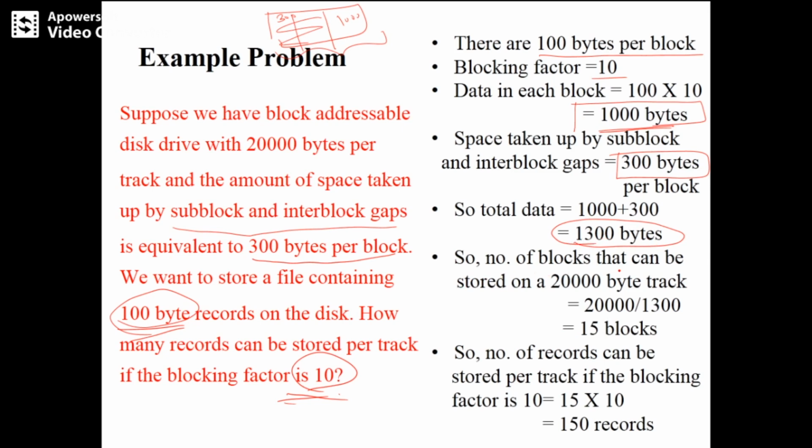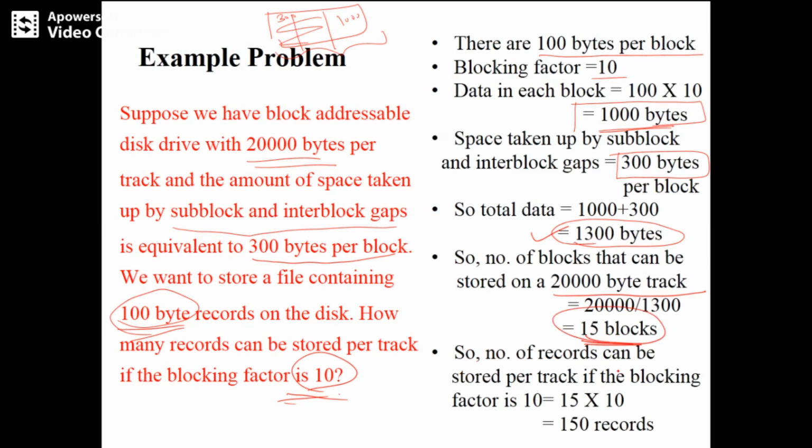So the number of blocks that can be stored in a 20,000 byte track is 20,000 divided by 1300. We already know there are 20,000 bytes per track, and we have the total size of a block. If you divide, you will get 15 blocks.